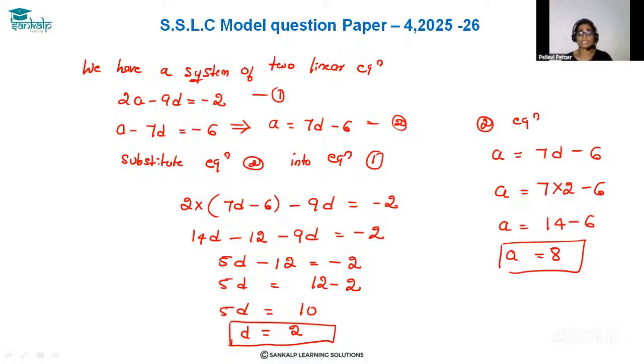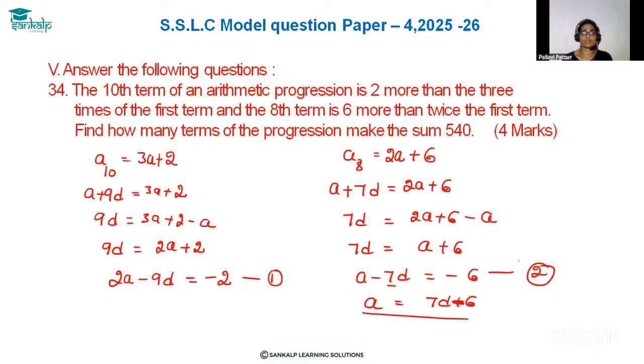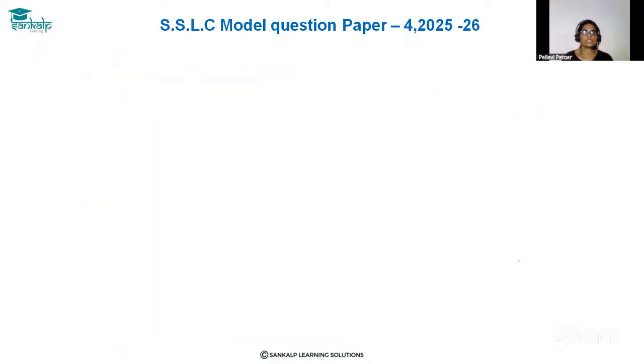Next, what have they asked? How many terms of the progression make the sum 540? So we use the sum formula to find the number of terms. Sn is equal to n by 2 into (2a plus (n minus 1) into d). Here Sn is given as 540.